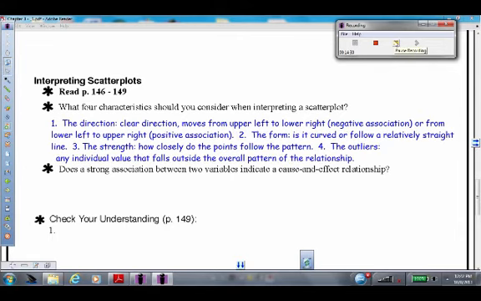When you're trying to identify outliers in a scatter plot, you need to look for points that fall outside the overall pattern of association. Unlike with distributions of a single variable, there isn't a specific rule for identifying outliers on a scatter plot. Okay, here's an AP tip.